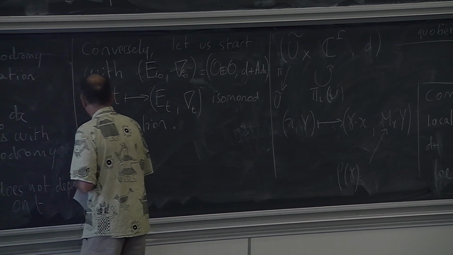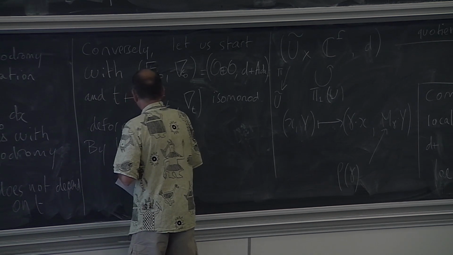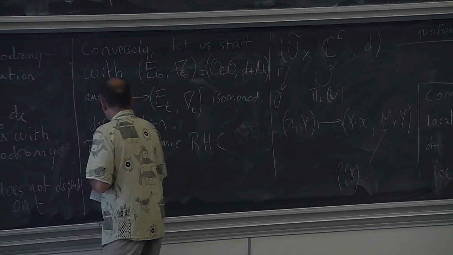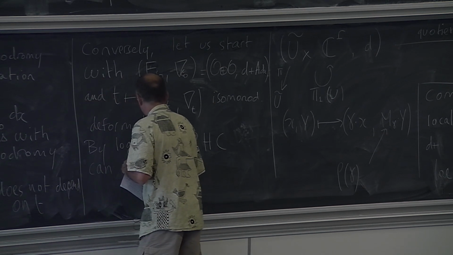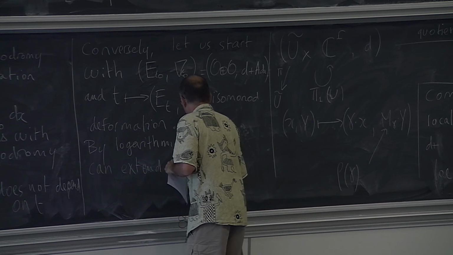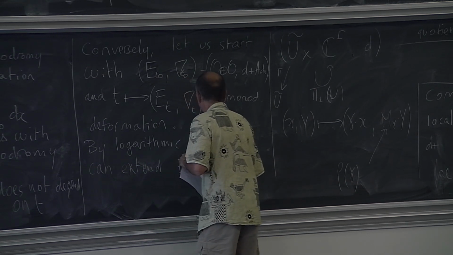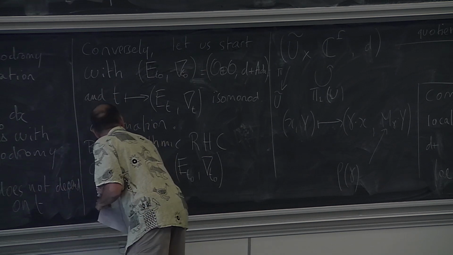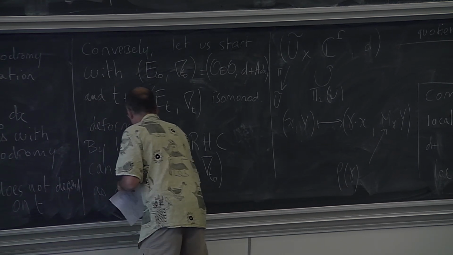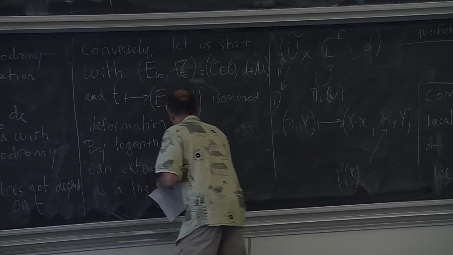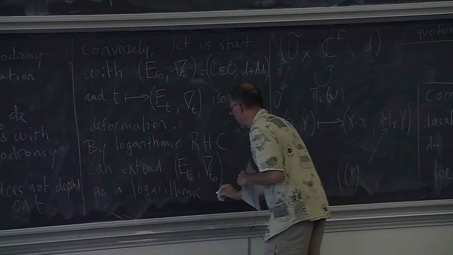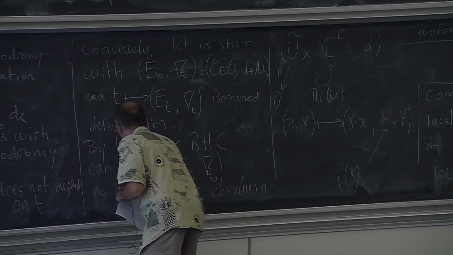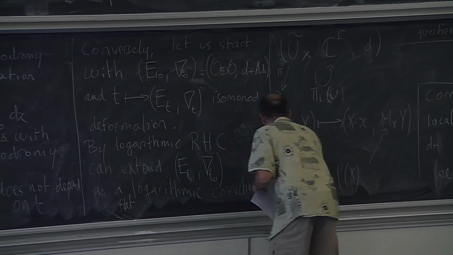And now, by the logarithmic Riemann-Hilbert correspondence, we can extend E_T0 nabla T0, the original system, as a logarithmic connection, a flat logarithmic connection, on X with D.